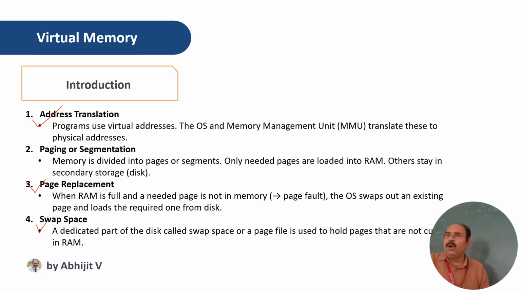When the RAM is full, what happens? You need to remove one thing and place something else in its place. This is called page replacement. We have seen page replacement algorithms in the previous slides. The final one is the swap space, a dedicated part of the disk where this is stored.